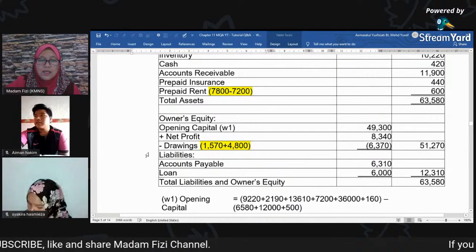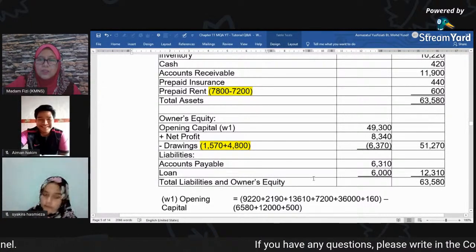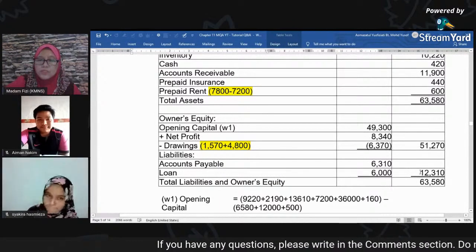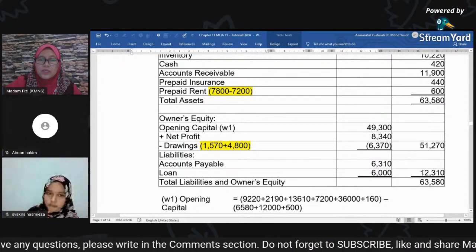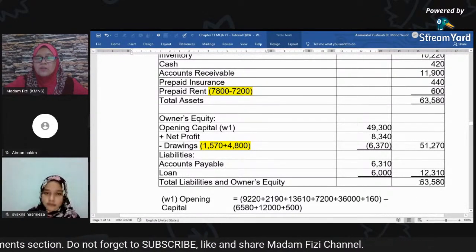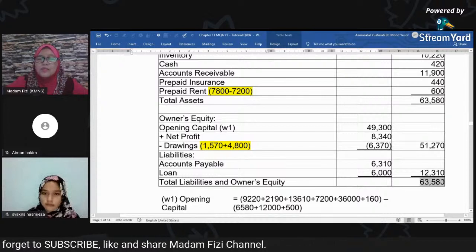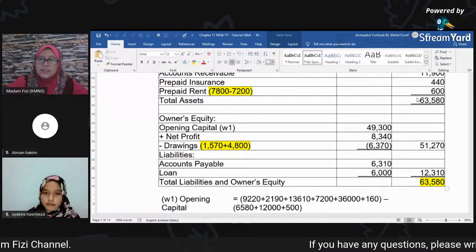And then liabilities is account payable and loan amounting to 12,310. So the total for owner equity and liabilities is 63,580. So the total is the same.